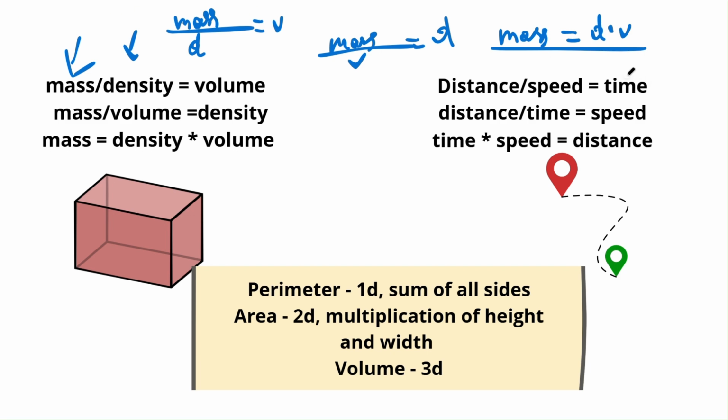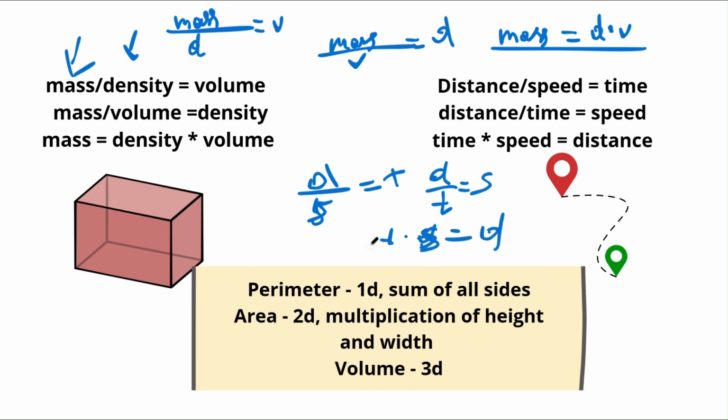If you want to find time, you divide distance over speed, you'll get t for time. This is s, by the way. So distance over t gives us what? Speed. And to find distance, we just multiply time and speed, and we'll get d, distance.